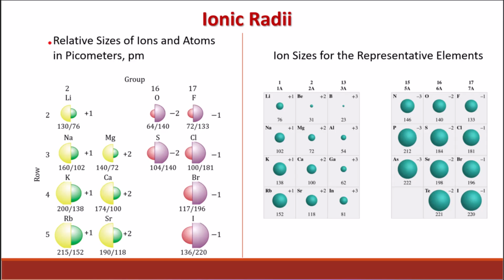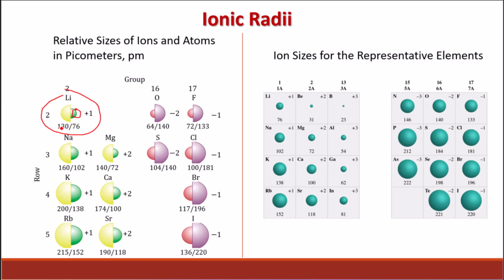Okay, these are actual relative sizes of ions and atoms. You can see here what we've got is lithium. Lithium is a metal. Lithium loves to give up its valence electron here. And so this is representing the cation down here. You can see that the cation is smaller than its atom.